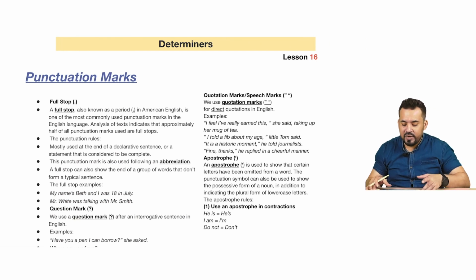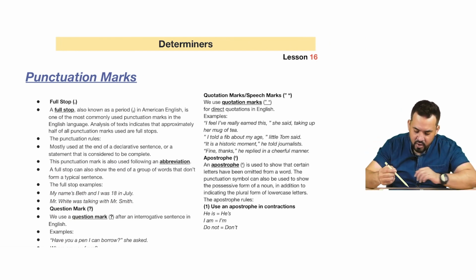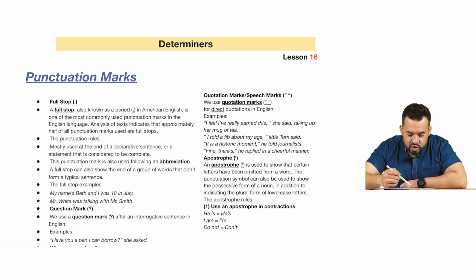All right, so let's take a look here. The punctuation mark full stop, also known as a period in American English, is one of the most commonly used punctuation marks in the English language. Analysis of text indicates that approximately half of all punctuation marks used are full stops.